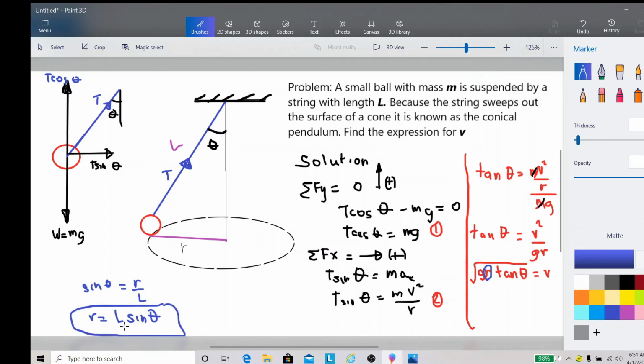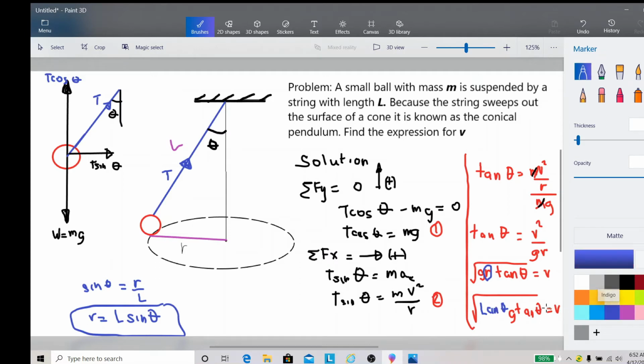Therefore, if we substitute this r here to simplify it further, we have the square root of L sine theta, let's make it blue, L sine of theta, and then let's make the g tangent of theta red. That is equal to v. So therefore, we have the square root of L sine theta times g tangent of theta is equal to v.